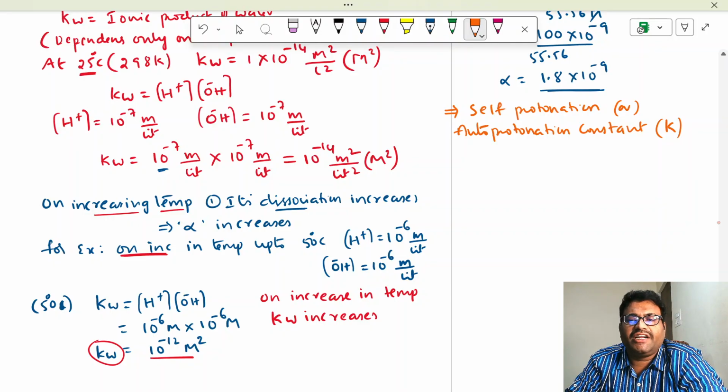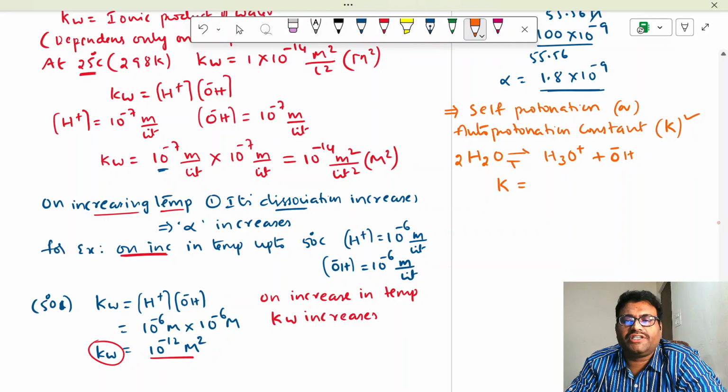We have studied earlier that two water molecules give rise to H3O plus and OH minus. For this I can write K, which is called the autoprotonation constant.